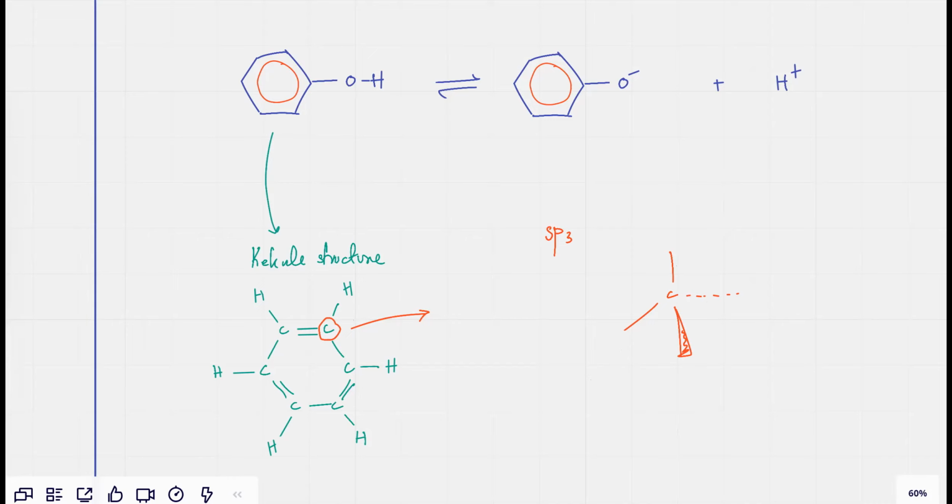sp2. Okay, so this is sp2 hybridization. So what happens in sp2? Now remember, carbon in sp2 hybridization is only bonded to 3 atoms. So carbon, remember, has 4 electrons.